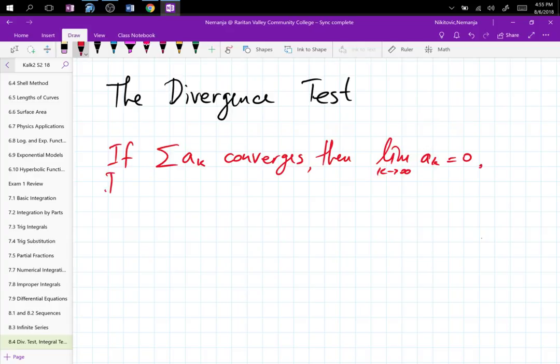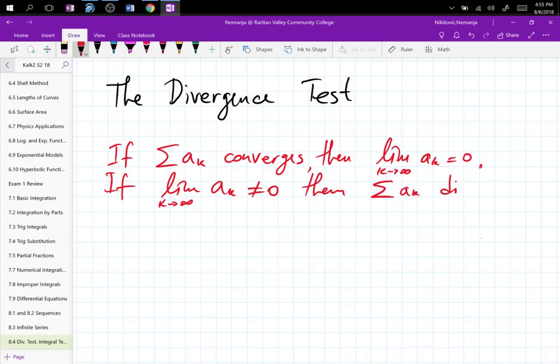If limit of k goes to infinity of AK is different than 0, then summation of AK diverges.